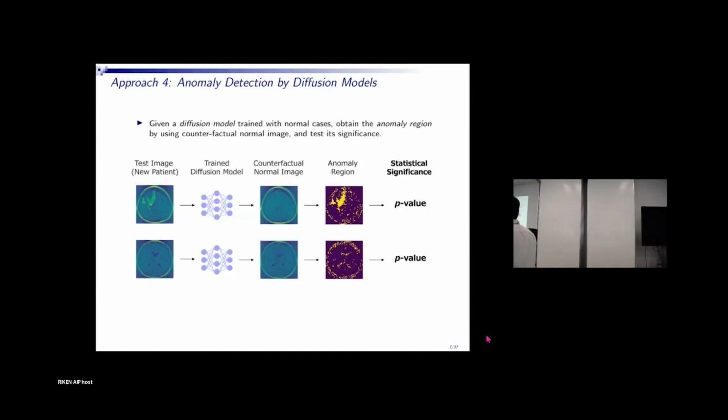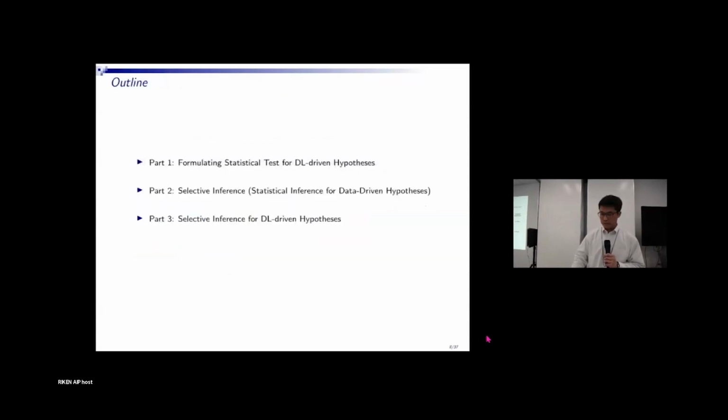And by comparing this image and this counterfactual image, we will be able to identify anomaly region. And I want to compute the p-value for this anomaly region. So I'm going to talk about how we can compute these p-values.